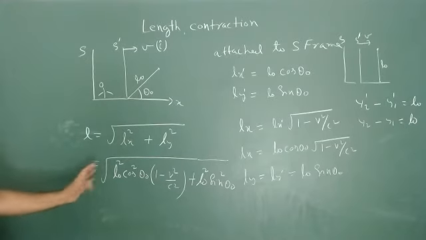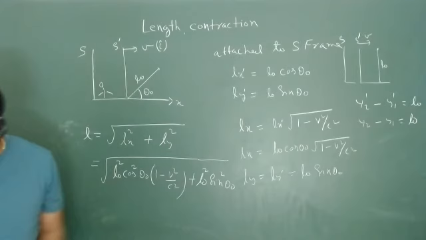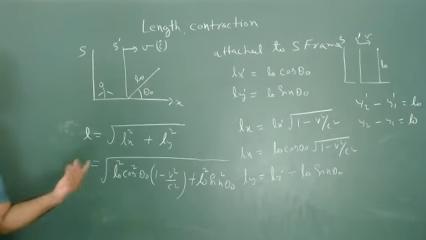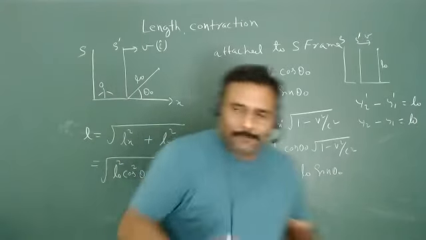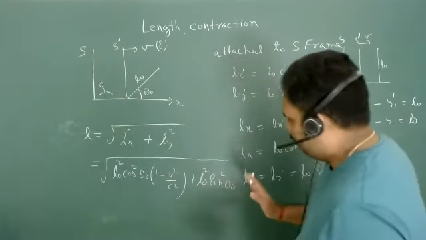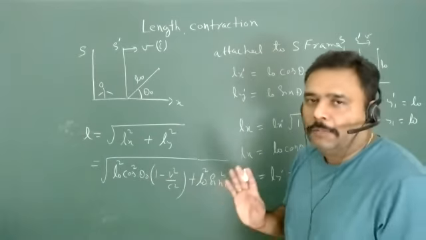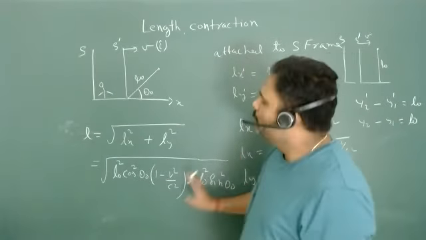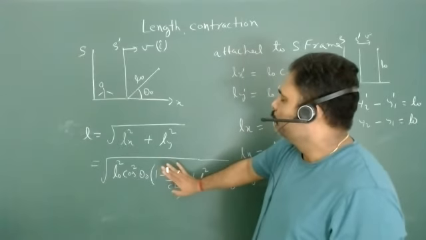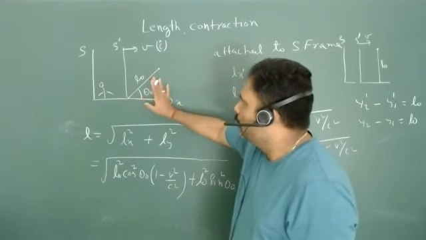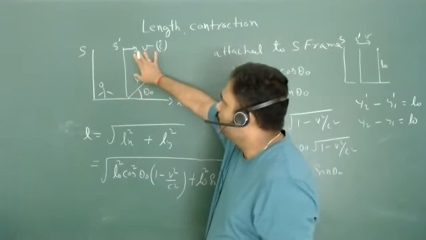Now let us try to make it a clean equation. Why am I saying make it clean? Because I just want to see something else. Obviously, you can just calculate the numerical value, but I am not interested in numerical values. I am interested in what is happening to this particular rod at this velocity.